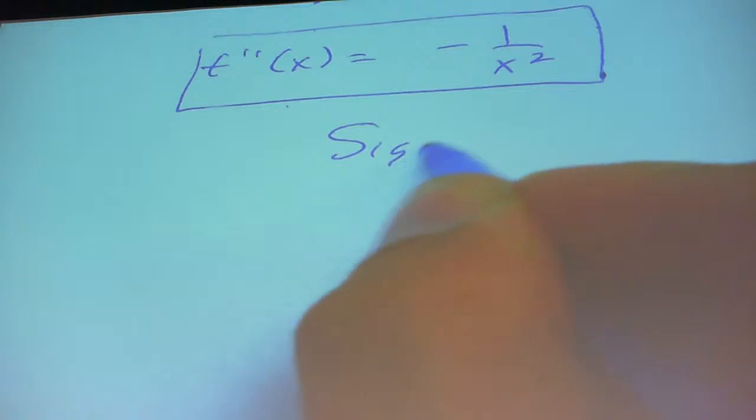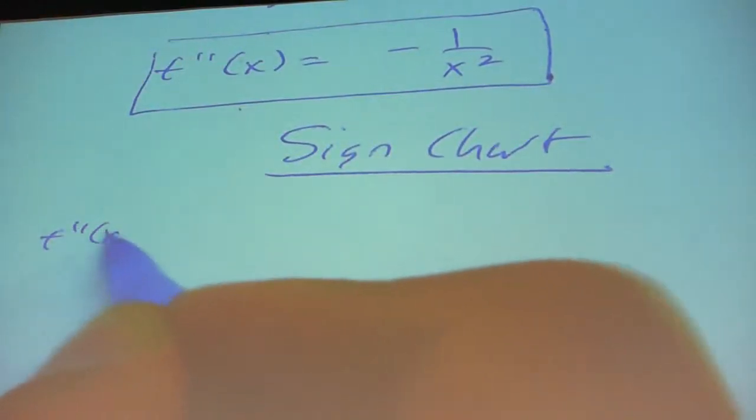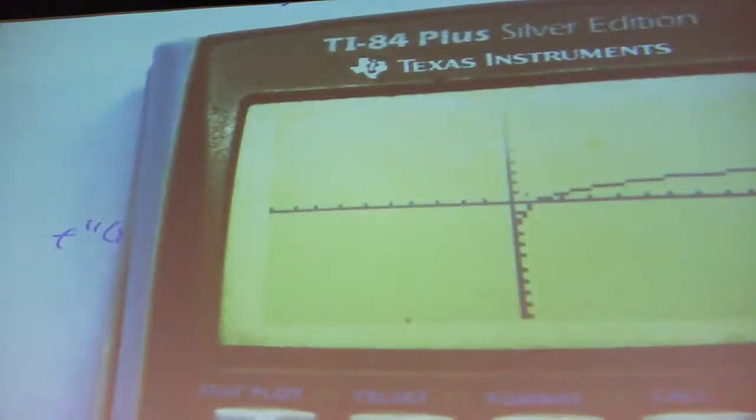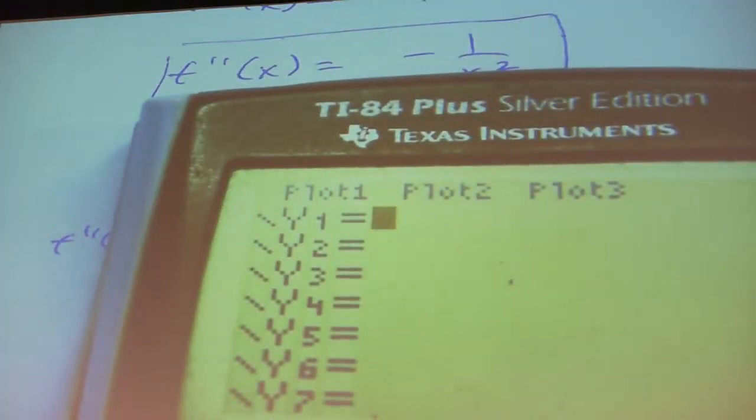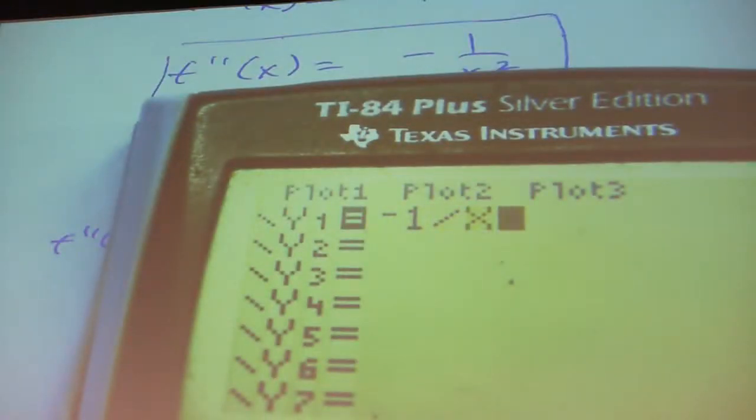So again, we can use a sign chart to verify. Remember, we're plugging in the original. It's all about the original, but for the sign chart, we're looking at the second derivative. So I go to my calculator. The second derivative is -1 divided by x squared.